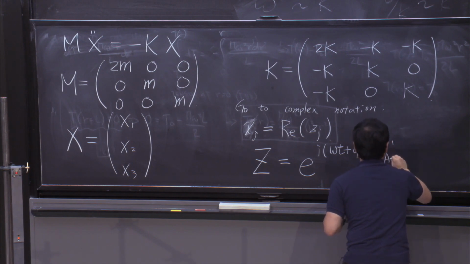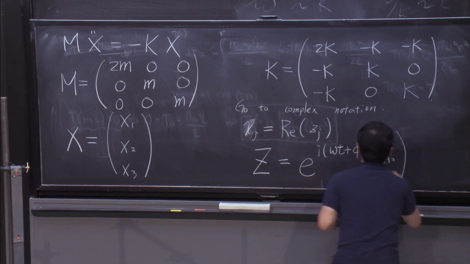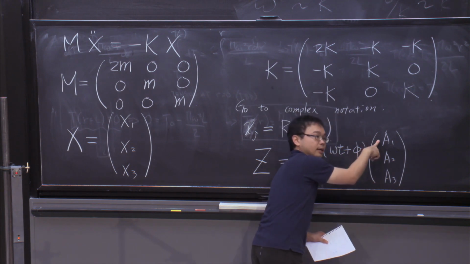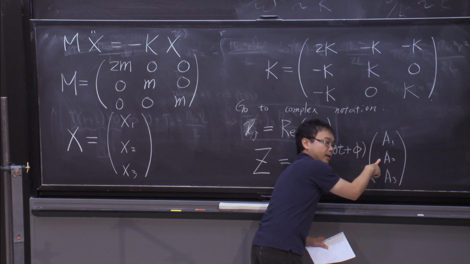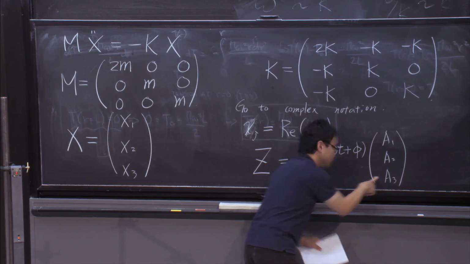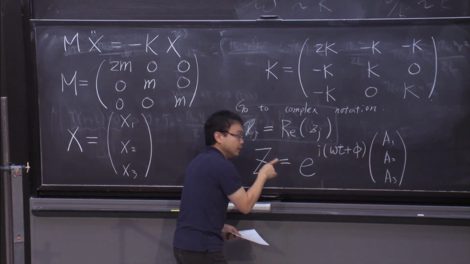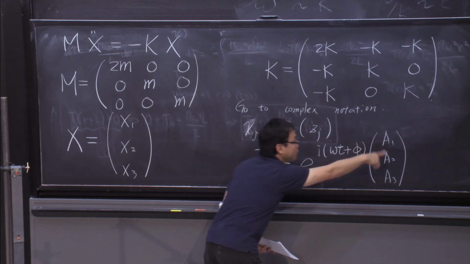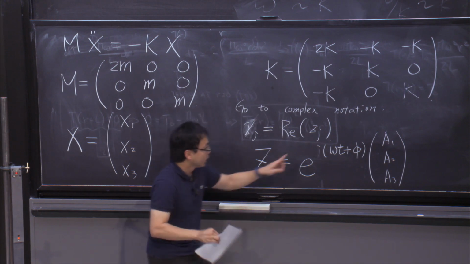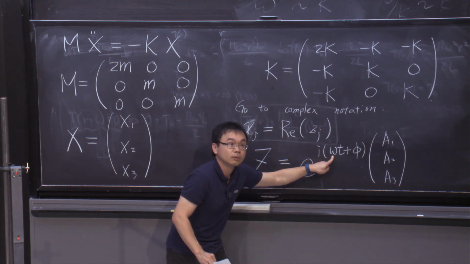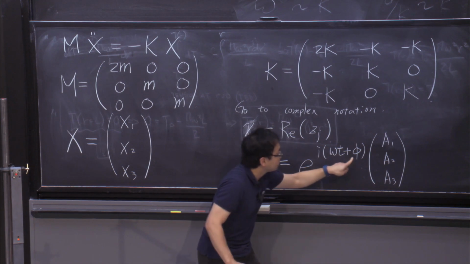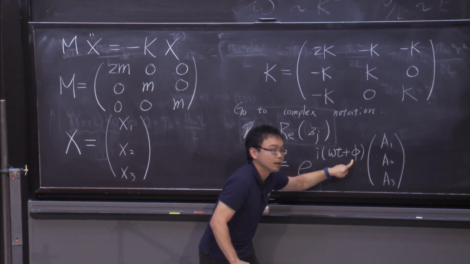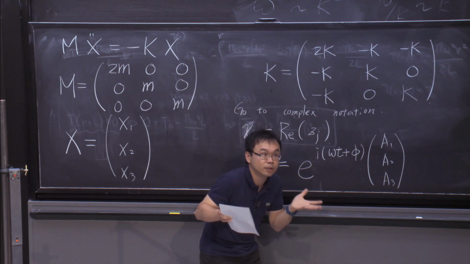A1, A2, and A3. Those are the amplitude of the first mass, amplitude of the second mass, amplitude of the third mass, okay, in the normal mode, right? And all of those are oscillating at the same frequency, omega, at the same phase, phi. Does that tell you something which we actually learned before?